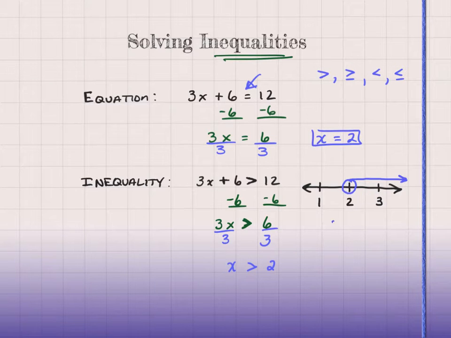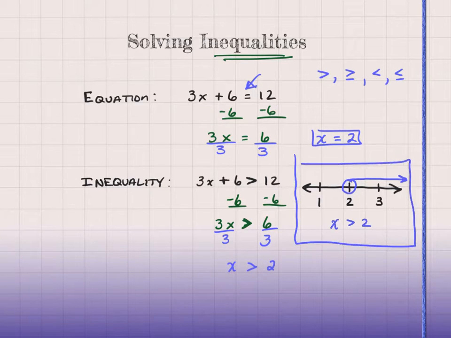And so our final answer would just be x is greater than 2 along with that graph right there. So you can see that solving inequalities is very similar to solving equations. There is a couple of exceptions to the methods we have to use, and you'll see that in the next example.